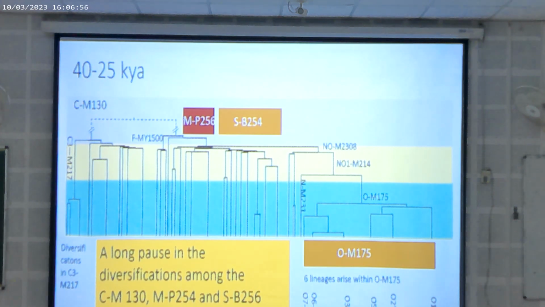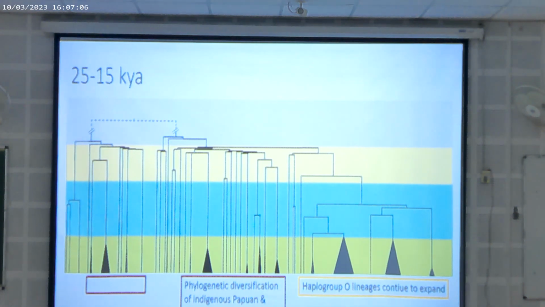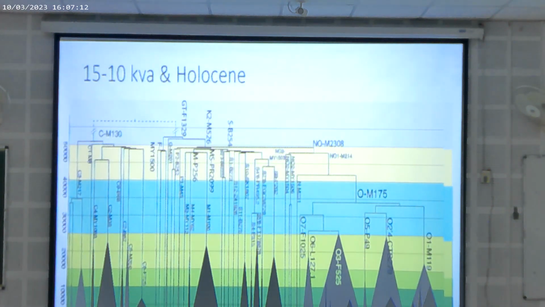Whereas haplogroup O already has a different branching pattern. And then later, it is just about 25 to 15,000 years ago when the local lineages start to diverge. But then in the Holocene, 15 to 10,000 years ago, the local lineages also go through a great expansion.